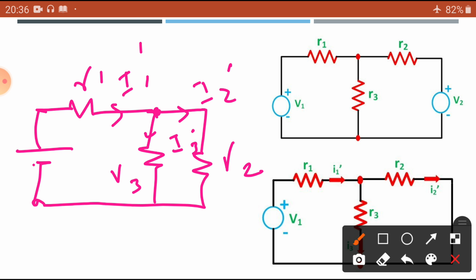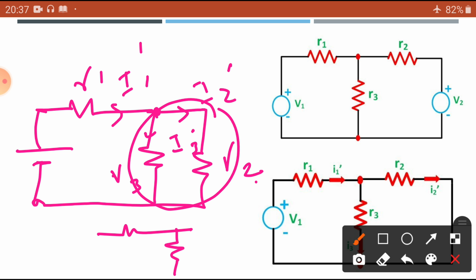Simply apply Ohm's law. Now, what has happened here? R2 and R3 are connected in simple parallel, so simplify it. Now, connect the R1 and the source. This is the resultant of R2 in parallel with R3.